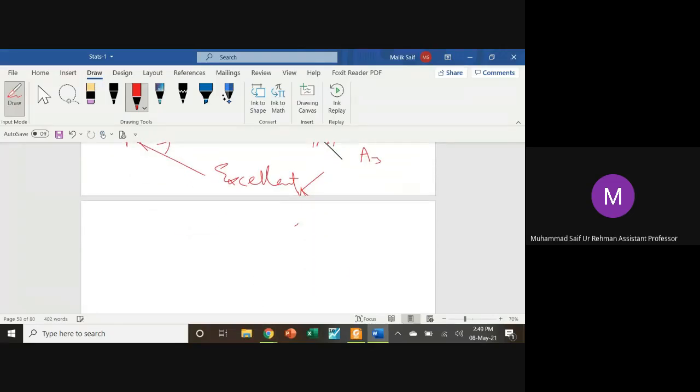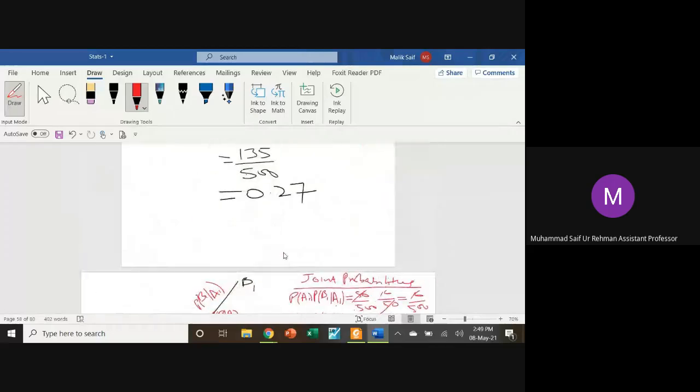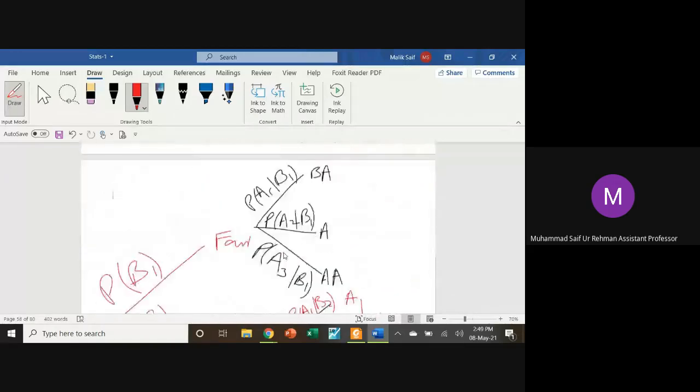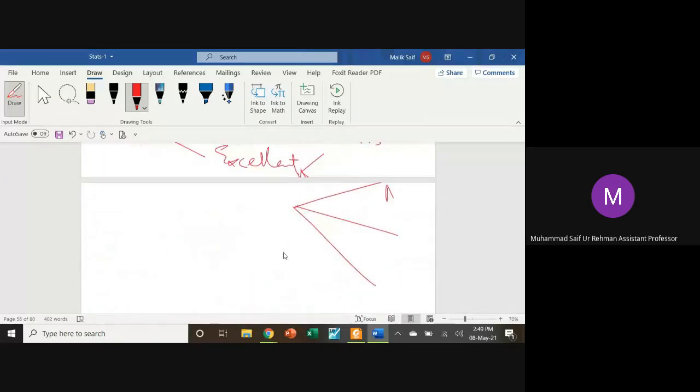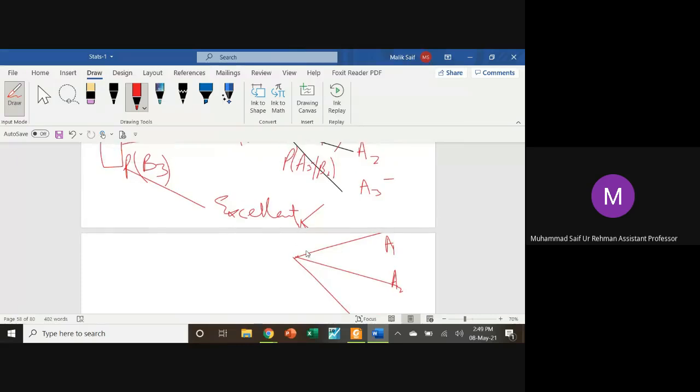So let me draw the branches over here as I don't have space. A1, A2, A3. So what will be written over here? Probability of A1 given B3, this value B3.